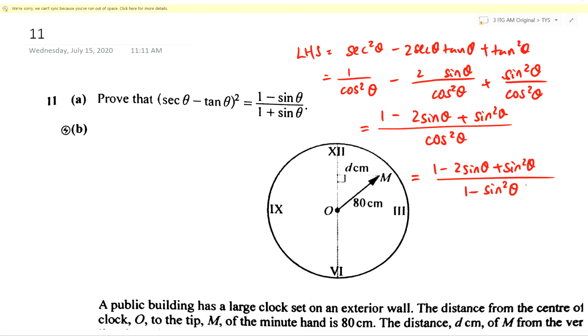I think it would be very sensitive to a 1 minus something squared. Isn't that the difference of two squares? a squared minus b squared, right? That's so we'll be able to write this as (a plus b)(a minus b). So sine squared theta is the same as (sine theta) squared, yes. So (a plus b)(a minus b). Okay, let's see. In our denominator, it becomes (1 plus sine theta)(1 minus sine theta).